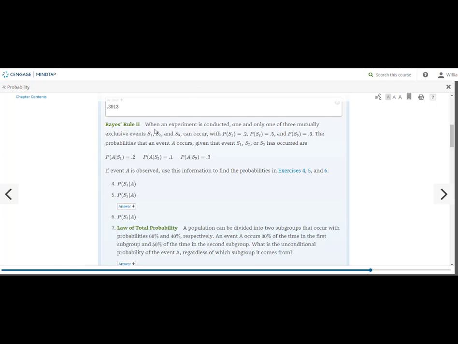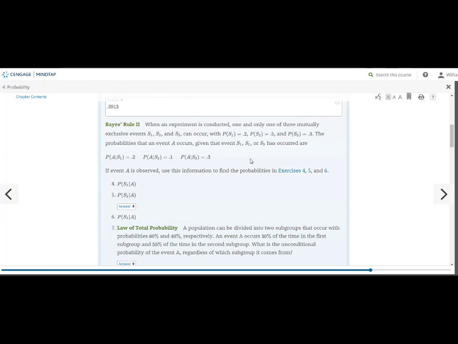I gave an example like that in class where I said this is a person's beer preferences: Kirin, Heineken, and not Kirin or Heineken, anything else. So we can divide up the sample space into these three mutually exclusive events, or it could be any other example of mutually exclusive events. But we're saying that there are only three of them.